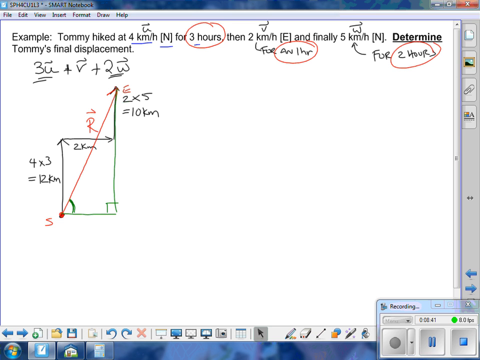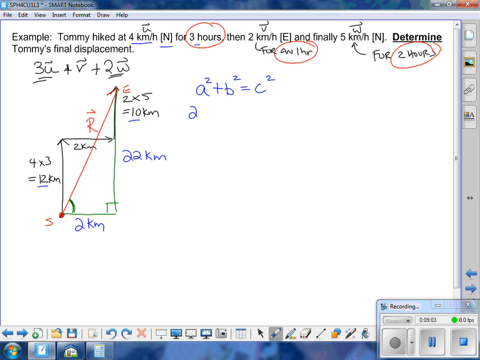Now we're all set. Figure out our distances. Well, we know we went 12 and 10, so we went a total of 22 kilometers north and just 2 kilometers east. So I have the lengths of my right angle triangle. a squared plus b squared equals c squared.